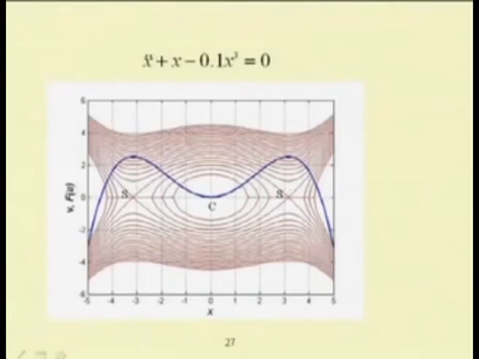Corresponding to this minimum potential energy, that is x equal to 0, this is the equilibrium position where the system has a periodic response. But now take this point and this point, corresponding to the maximum potential energy.